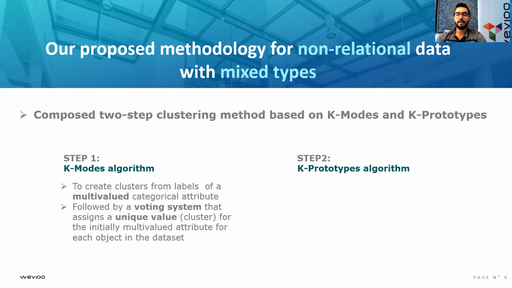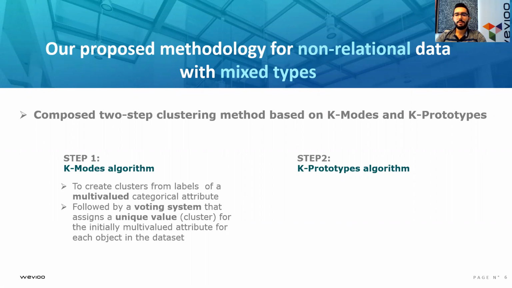And then we used a voting system that will assign a unique value for each initially multi-valued attribute. This is achieved by replacing every value in the list of labels of that multi-valued key by the cluster it belongs to. Then we can extract the most represented cluster, which will be the unique value, and it will be assigned to that key.